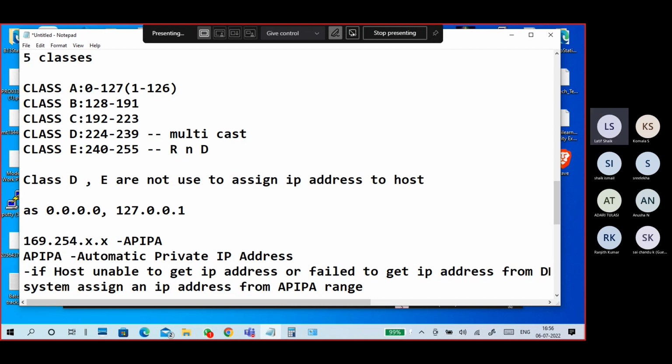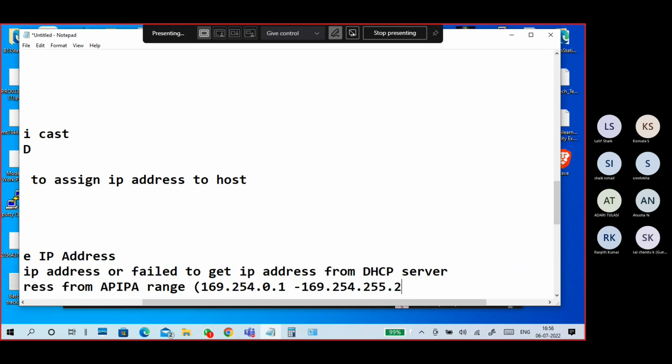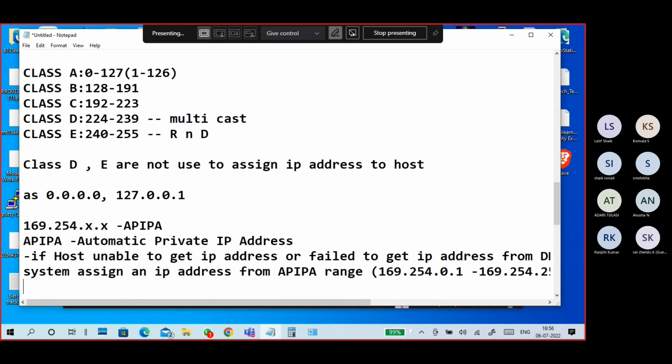So what is the range? This is also something we don't use.